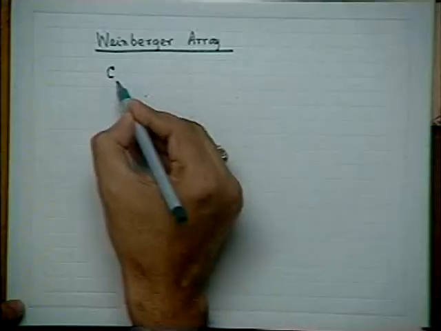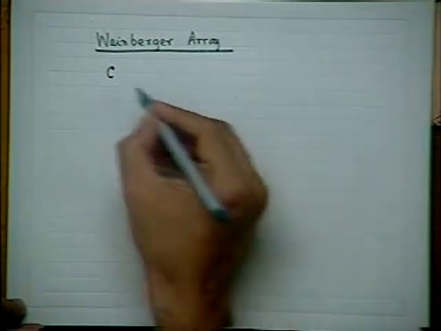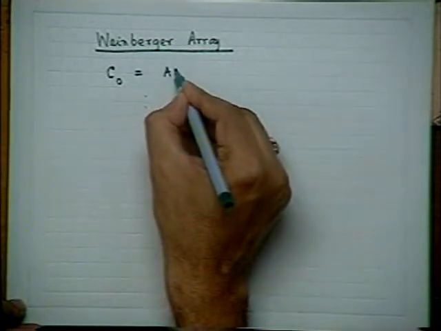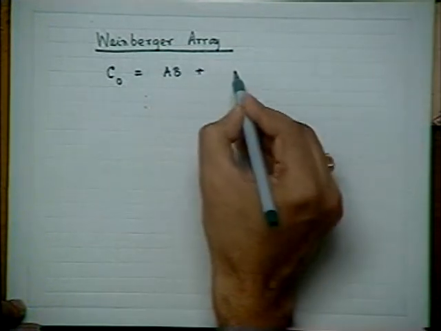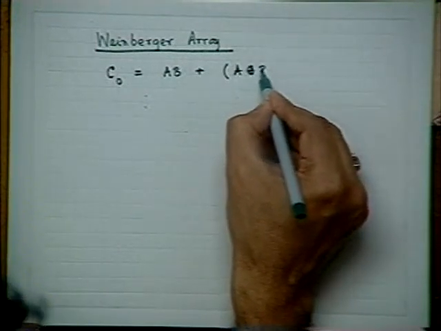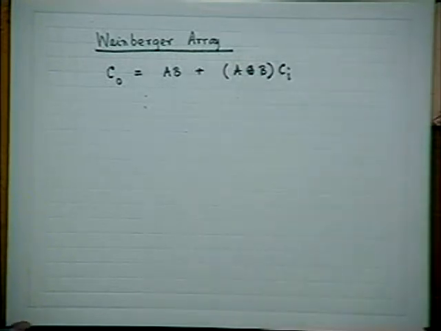For example, let us see this particular function, which is nothing but the carryout of an adder. So the carryout of an adder, as you remember, is given by AB plus A B C I. Okay?